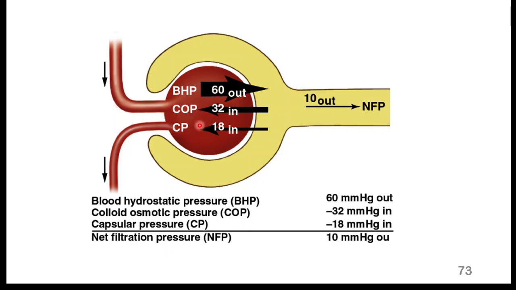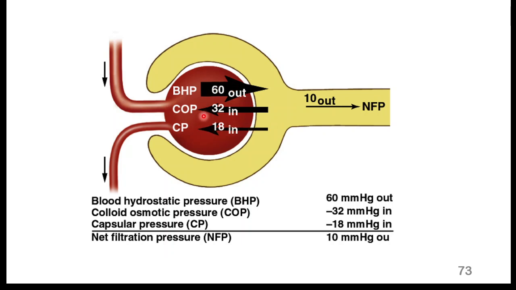All right. Then we also have capsular hydrostatic pressure. The urine that has already formed within the capsule has its own pressure too, which will tend to push back into the glomerulus, and so the capsular hydrostatic pressure will oppose filtration.